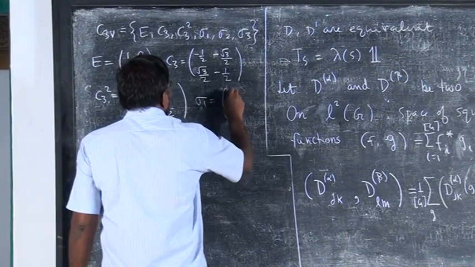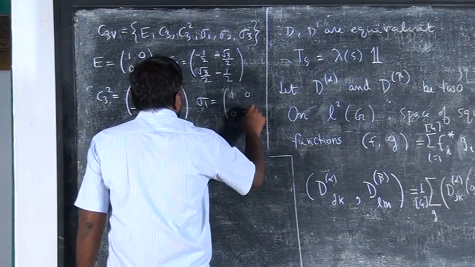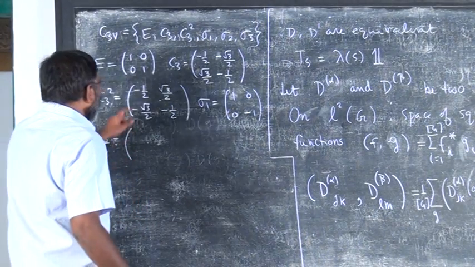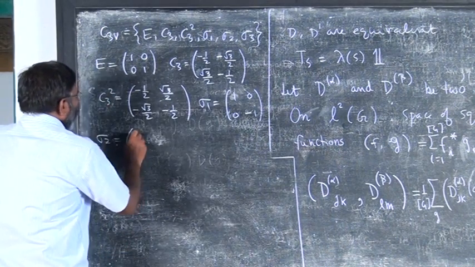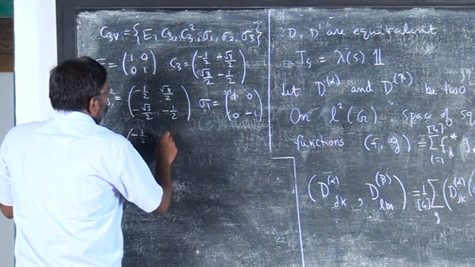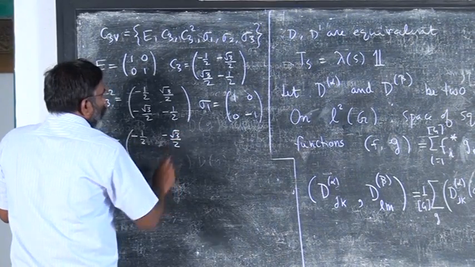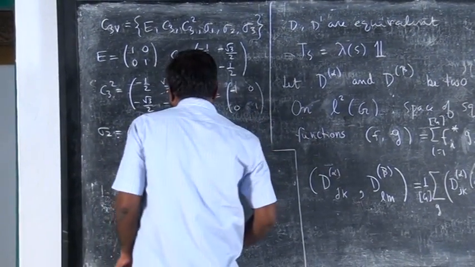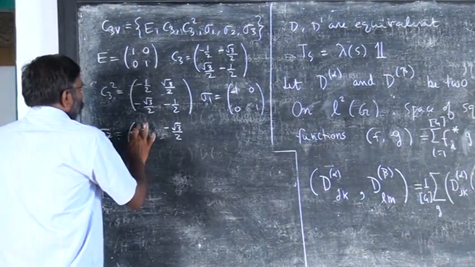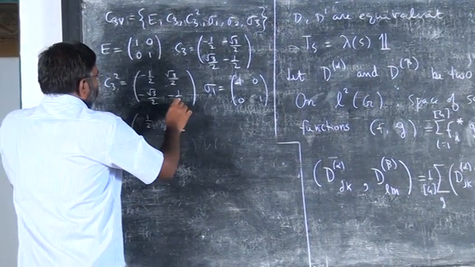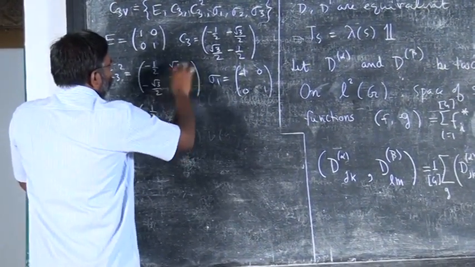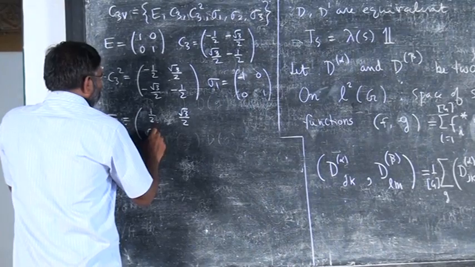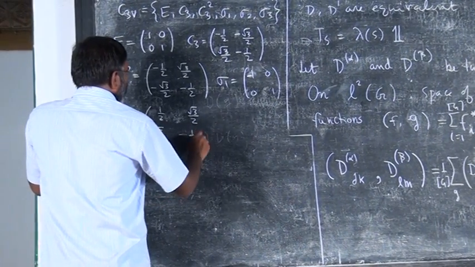Sigma 1 is equal to 1 0 0 minus 1, and sigma 2 is a product of these two, which means I will have minus 1 0 0 1 times this, which gives a half here and root 3 by 2 here, and root 3 by 2 here, and minus half here.